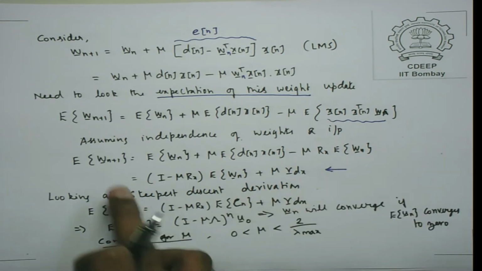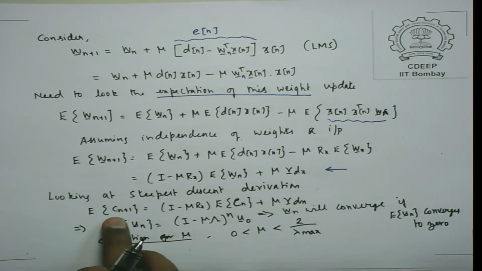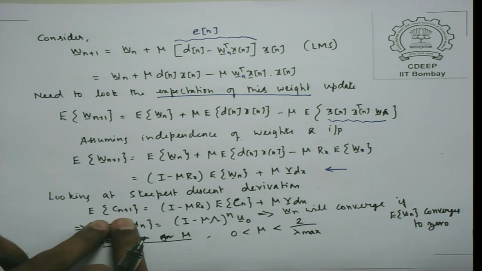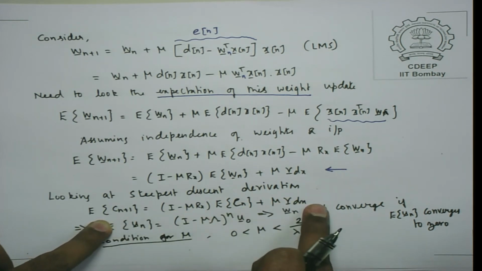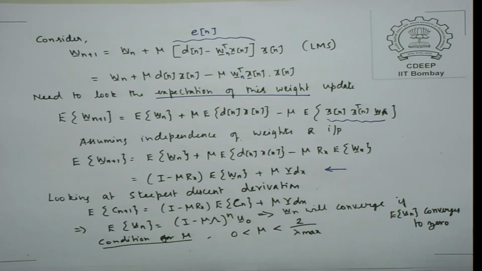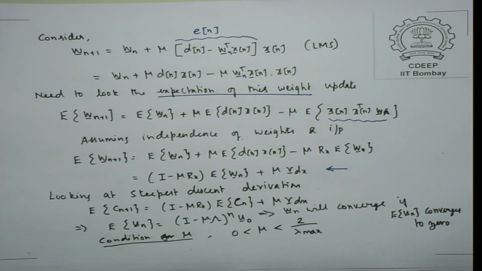So, we will use a similar notation, and this becomes the expectation of Cn plus 1, which is the perturbation in the weight vector we saw there. If we follow the discussion there on the evolution of weights in steepest descent, it is exactly the same discussion, except here we have an expectation, where there it was the actual Cn plus 1.